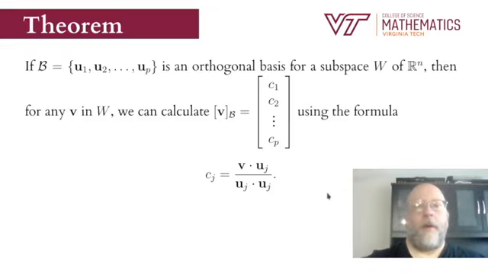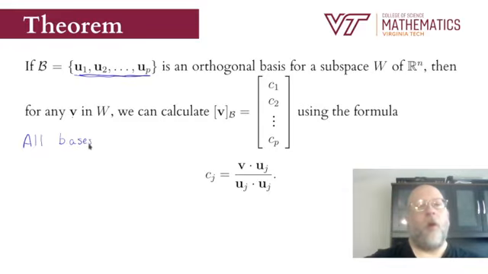And then we get to kind of a mathy theorem, but let's talk through this math here. If we have an orthogonal basis for a subspace, then we can convert from standard to alternate coordinates using a dot product formula. So right now in chapter 3, we learn how to convert between standard and alternate coordinates.